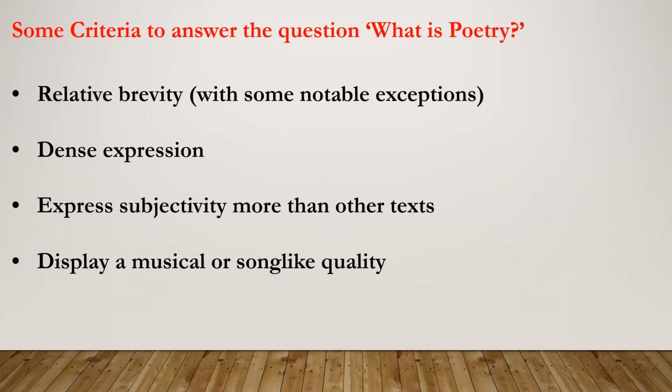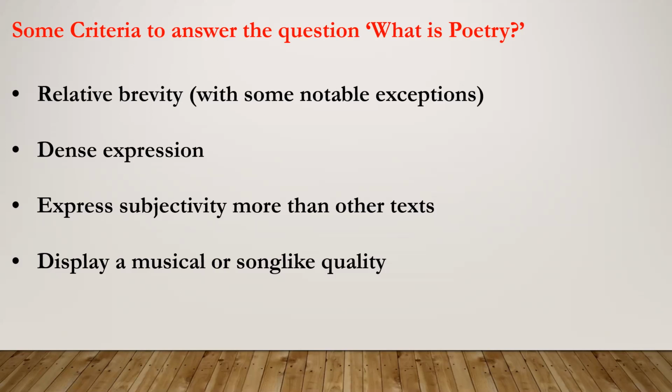We cannot say that a poem cannot exceed 10 lines, 5 lines, or 20 lines. But there is relative shortness and dense expression as a result of the narrow space that is allowed for the poet. So a poet usually tends to say a lot of things in a narrow space or in a limited number of words.